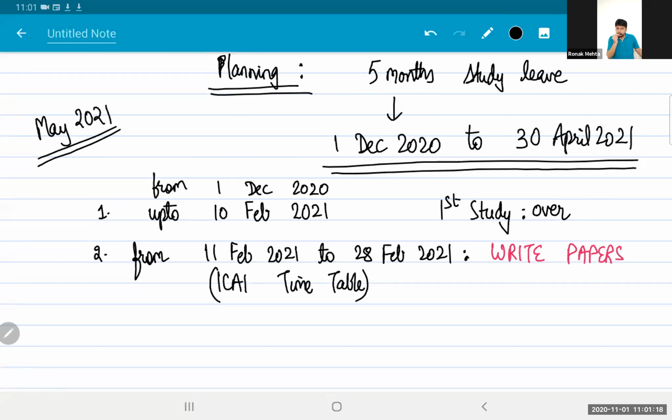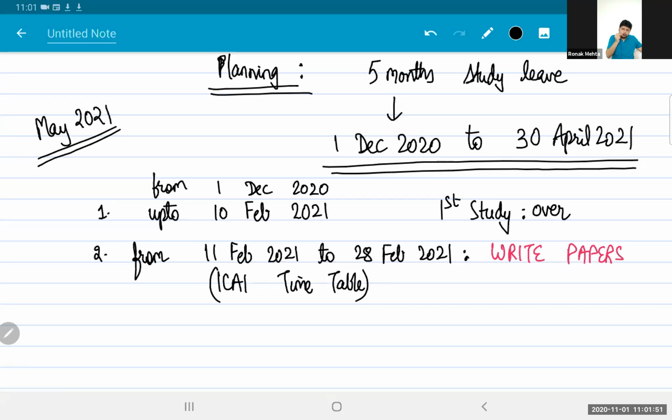Select that paper for which a suggested answer is available with you. So when you are writing the papers in February 2021, if the upcoming exam, November 20 exam, question paper is available with you, and the institute has already released the suggested answer by this date, which it will by the time you start writing the papers, write the November 20 paper.